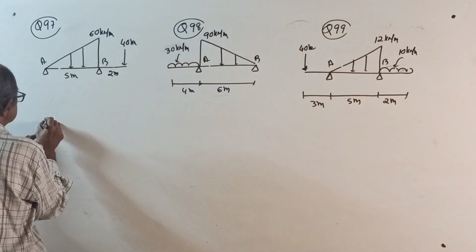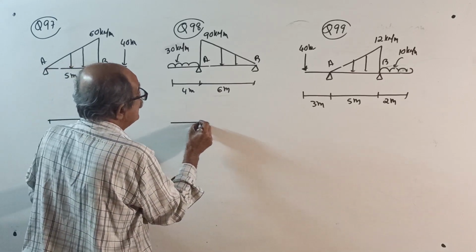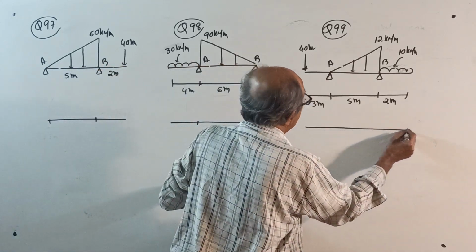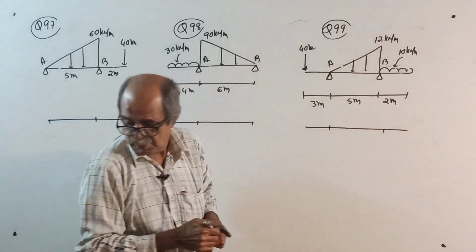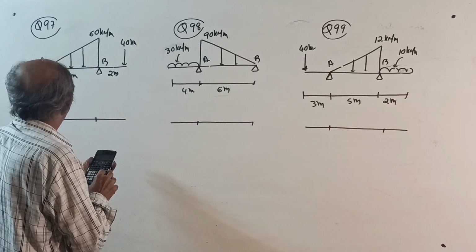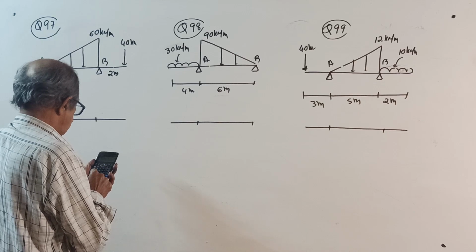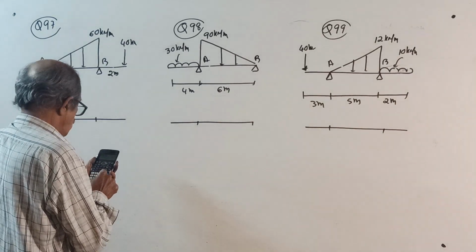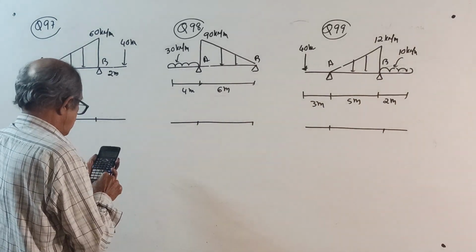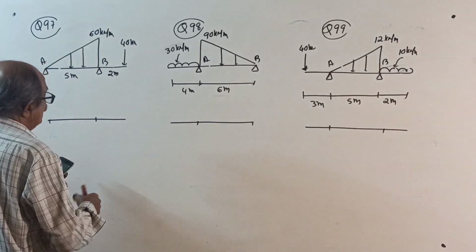Answer. All these questions, reaction will come positive, so negative will not come. Into 5. 60 into 2.5 into 2 by 3 of 5 plus 40 into 7 divided by 5. 156 kilonewton here.